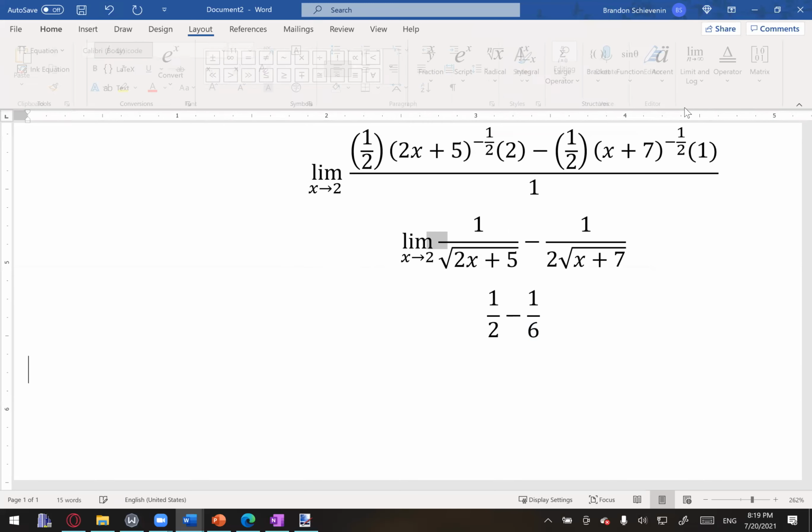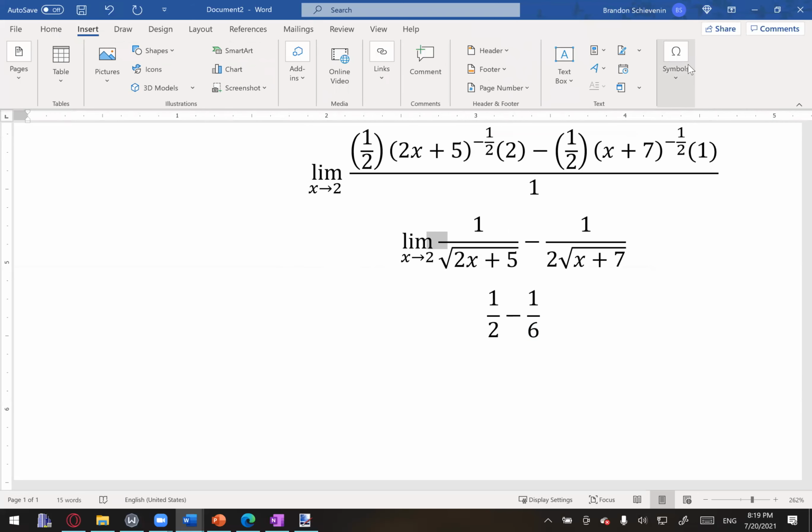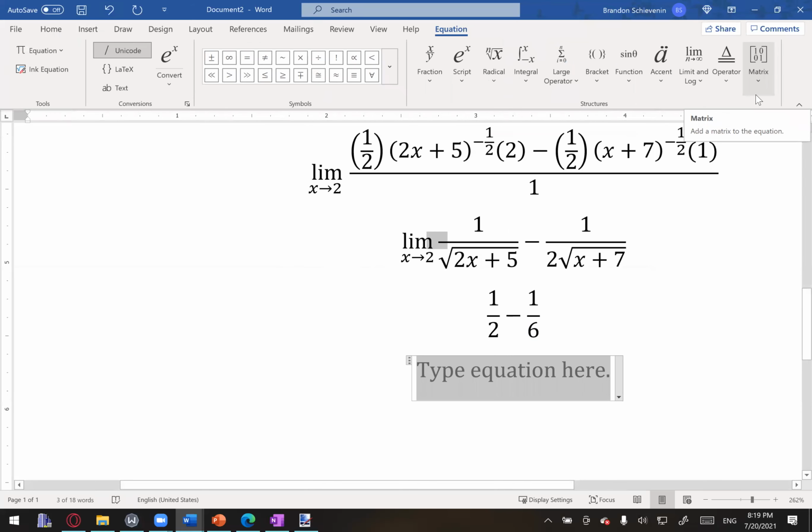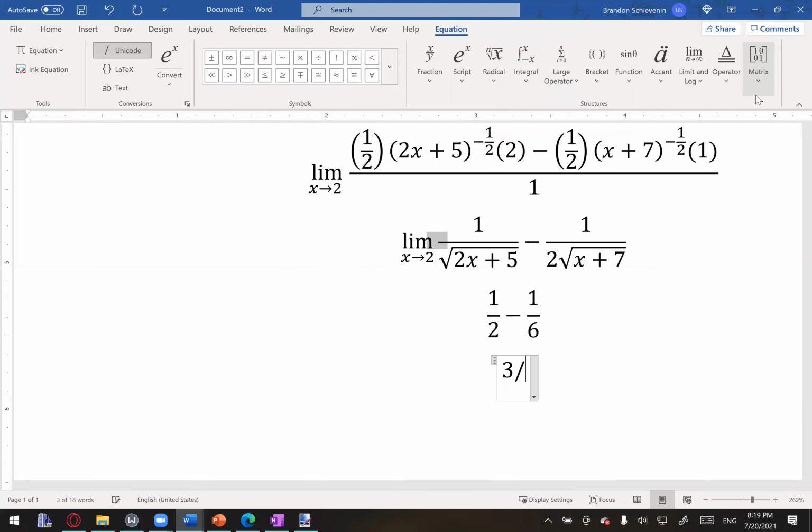Wait, this should be 1 over 3, not 1 over 2, I think. If I plugged in 2, the square root of 9 is 3. This is the square root of 9, also 3, times 2 is 6. So we got 1/3 minus 1/6.